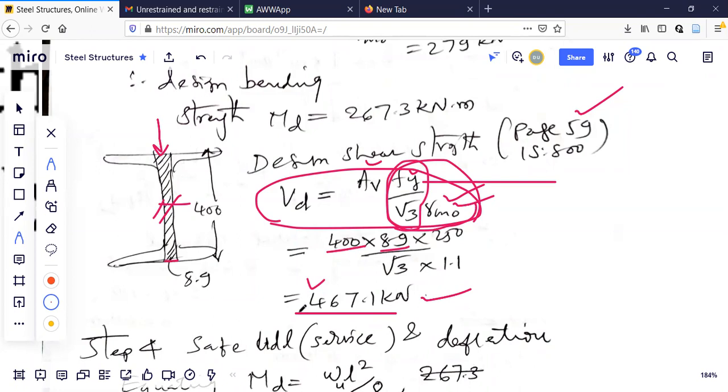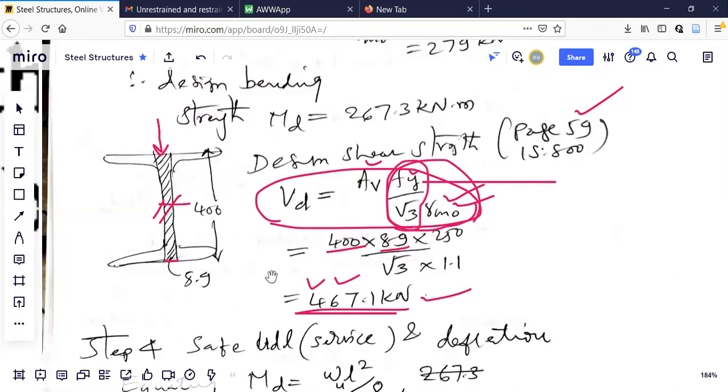So the load should be such that whatever reaction it produces at the supports, when symmetrically loaded, the value should not be more than this. Actually, one more rule is there that I will not tell you right now, I'll tell you later. It should not even be 467, it should be 0.6 of this to be on the safer side.